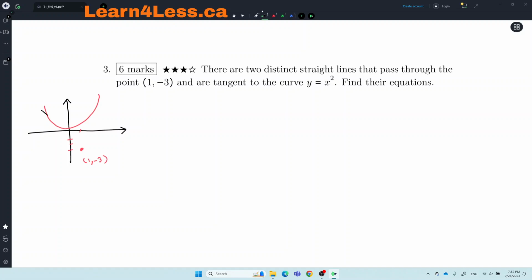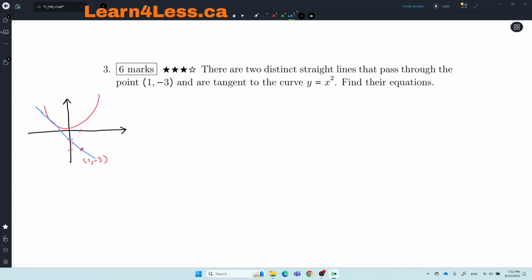So maybe something like that, or maybe something like this. I mean, you got the idea. It's tangent to that curve and it's passing through the point. Let me just sketch one of them. Something like this. This is a line and I want to find this line.